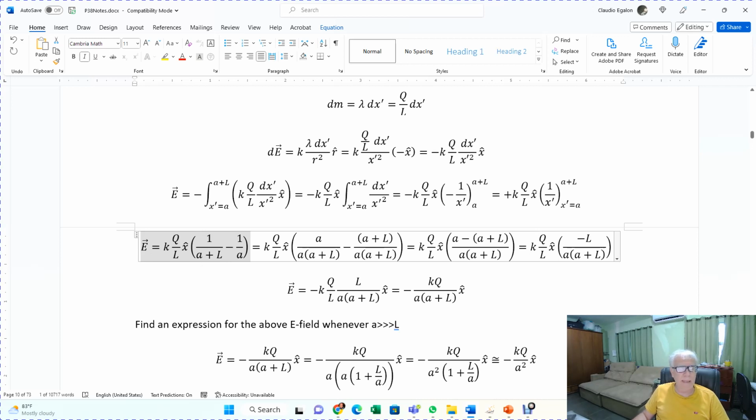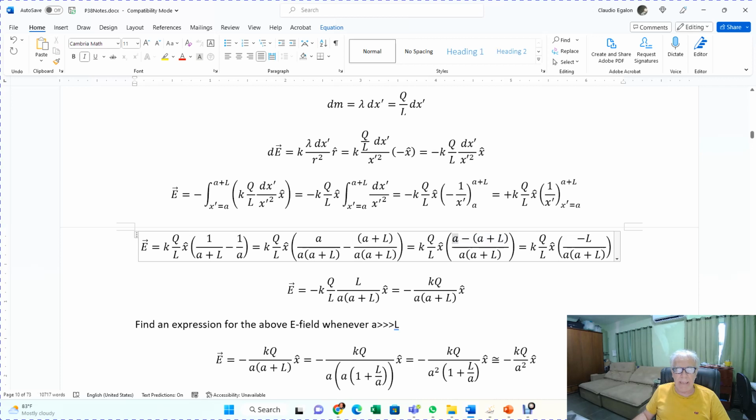But if I want to put that under the same denominator, what do we get? Let's see if we can get something simpler, right? Here you go, I'm putting everything under the same denominator. This guy gets term A, and here A plus L with a negative sign, right? And then we combine those two numerators.